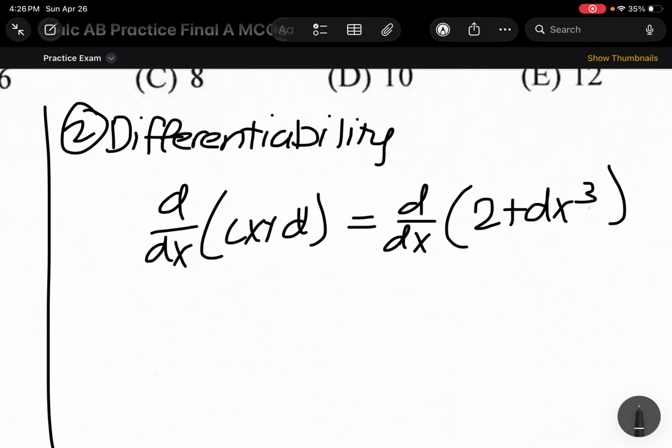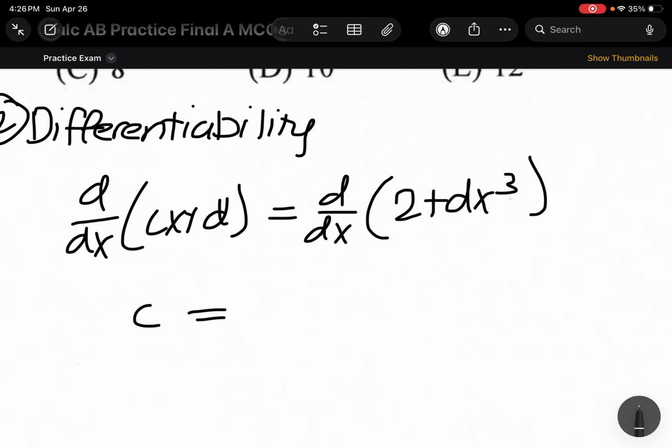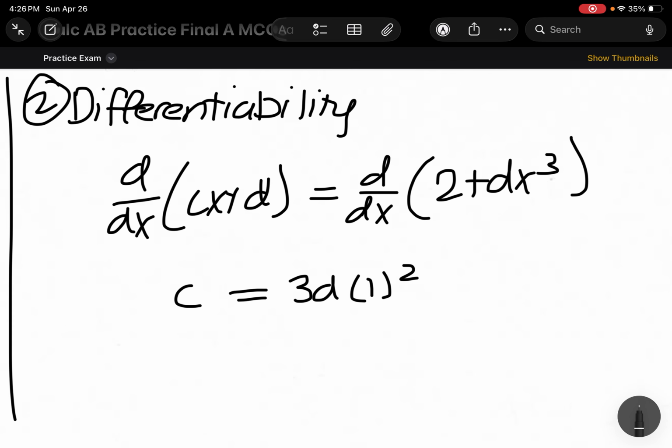The derivative of cx is just c, and the derivative of d is 0, so that doesn't do anything. The derivative of 2 is 0, and the derivative of dx cubed is 3dx squared. But we're going to replace that x with 1, which leaves you with c equals 3d.